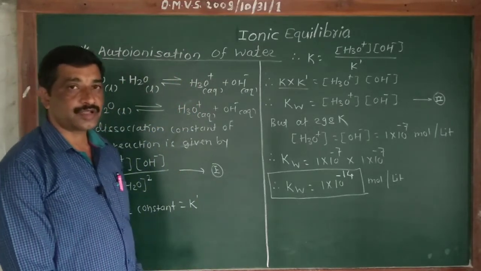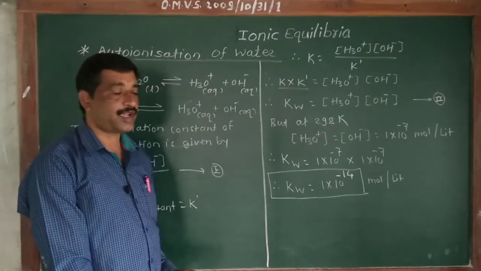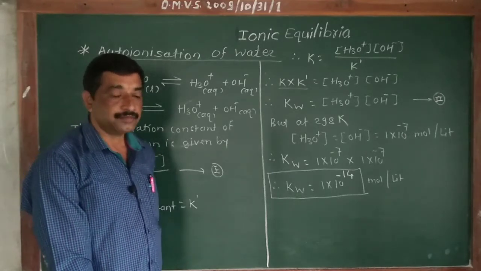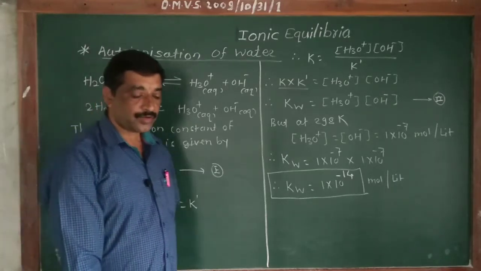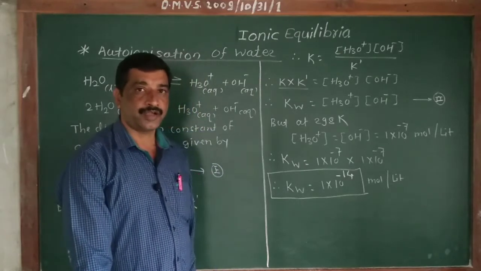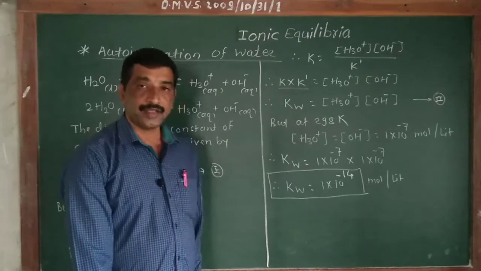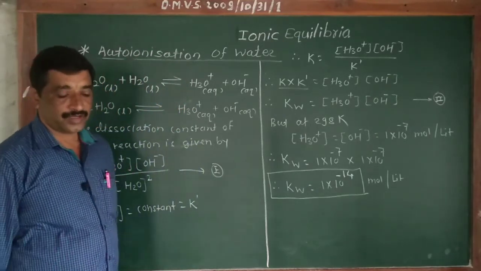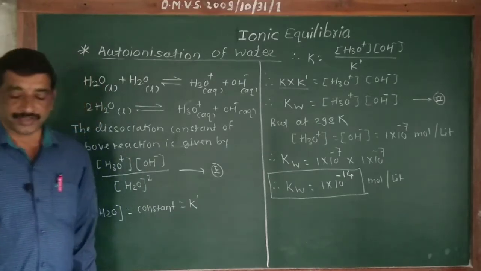Water undergoes ionization itself to a small extent into its corresponding ions, hydronium ion and OH minus ions, and the product of molar concentration of hydronium ion, or we say the hydrogen ion, and hydroxyl ion at equilibrium is known as the ionic product of water. So I think you understand auto-ionization of water.